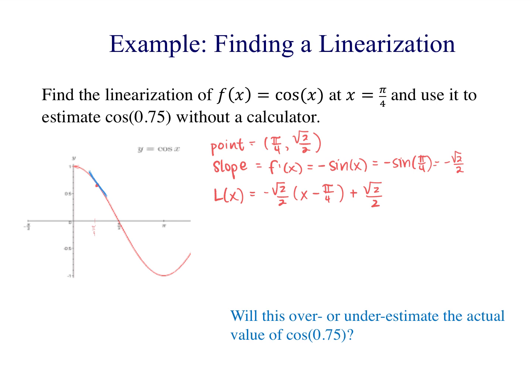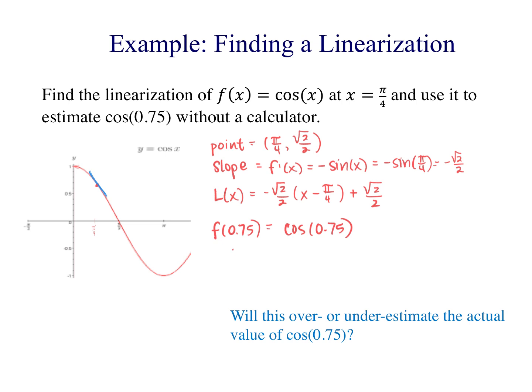We'll use our linearization to estimate the value of cosine 0.75. So f of 0.75 would be the cosine of 0.75, and it would be really difficult for me to do that without a calculator.